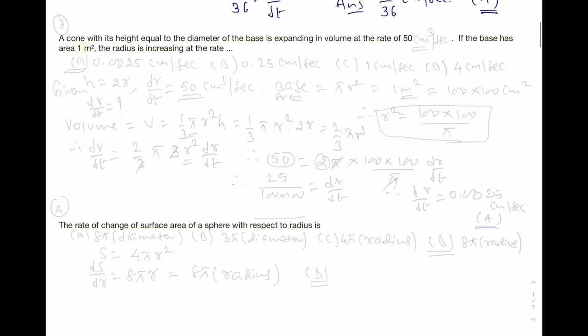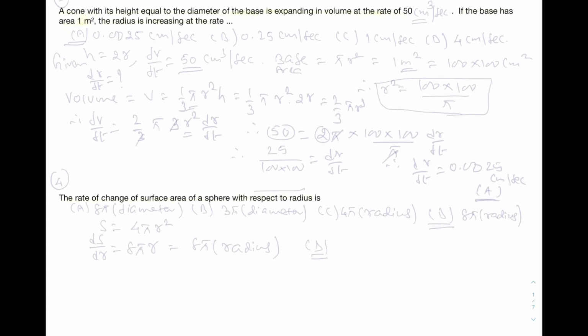Okay, next let us see third example, that a cone with its height equal to the diameter of the base is expanding in volume at the rate of 50 centimeter cube per second.